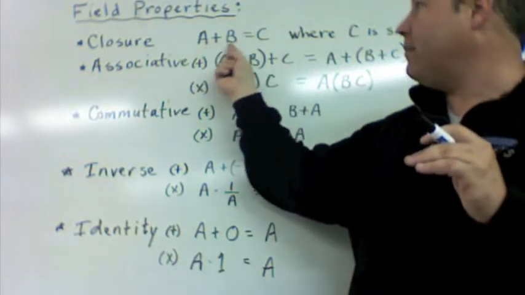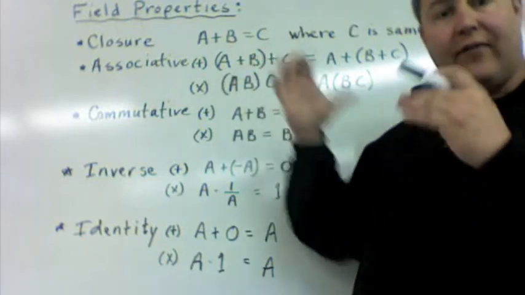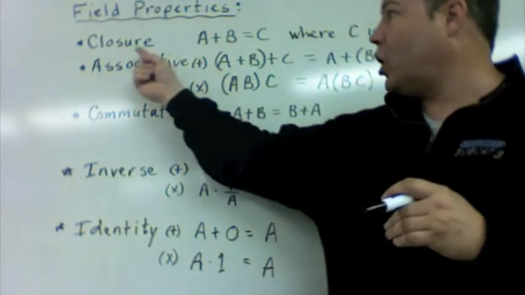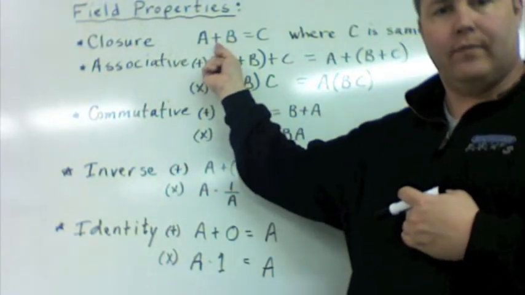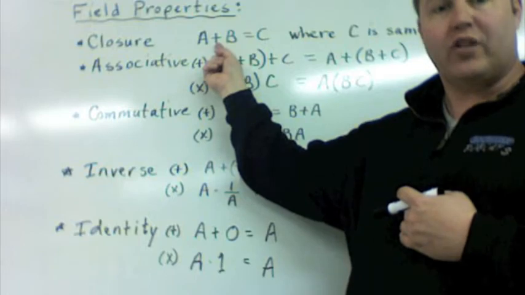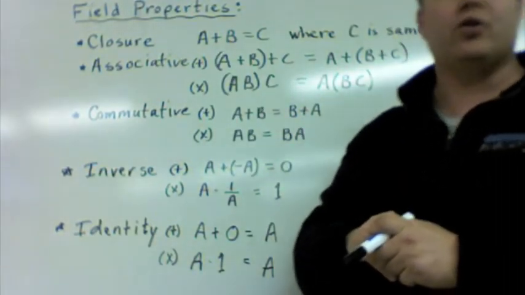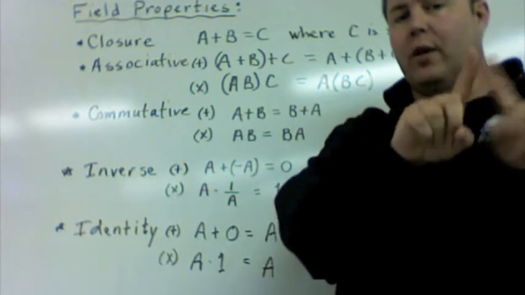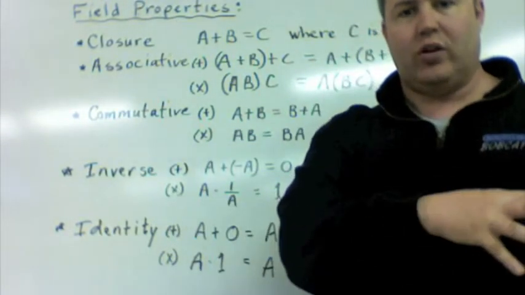So if A and B are integers and you add them, you'll get an integer. And if a set of numbers has that property, it's called closure, in this case with respect to addition. There's also closure with respect to multiplication and whatever other operations you can do. But closure just means when you do something to two numbers that are of one kind, the answer you get is that same kind as what you started with.